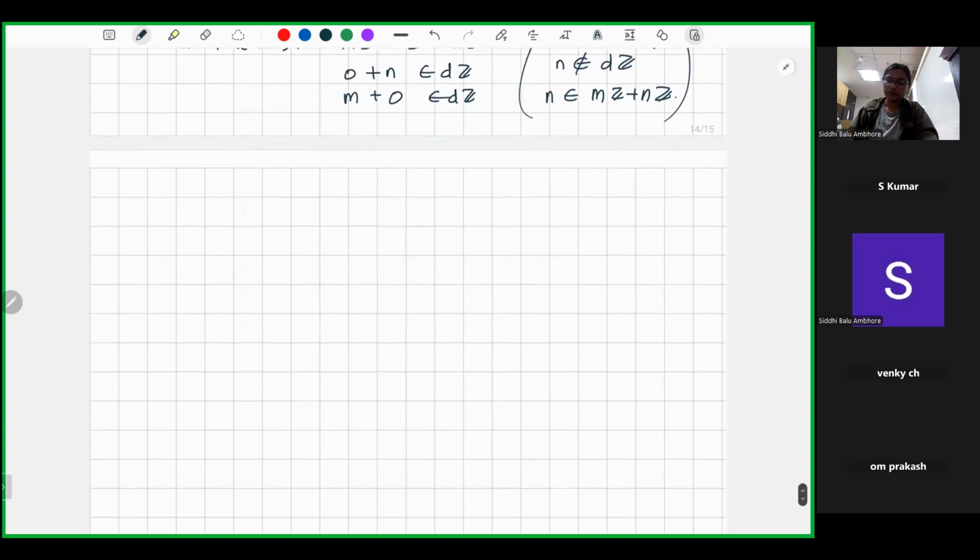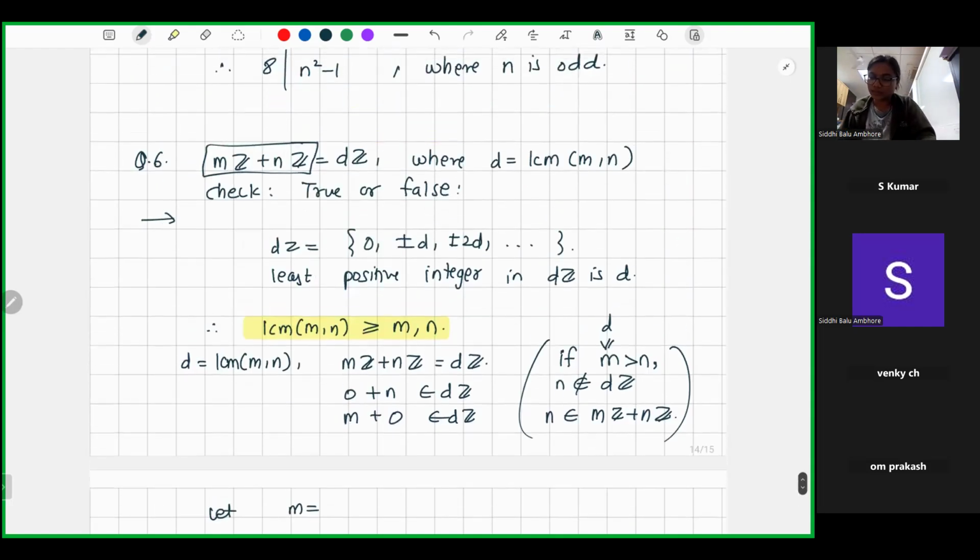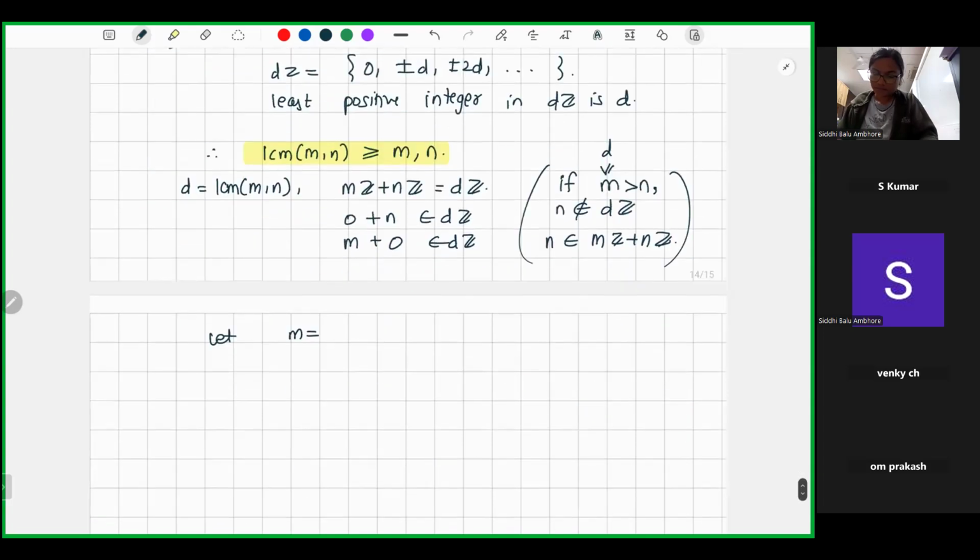To give an explicit example, let us take m equal to 2, n equal to 3. Then mZ plus nZ is whole Z, right?